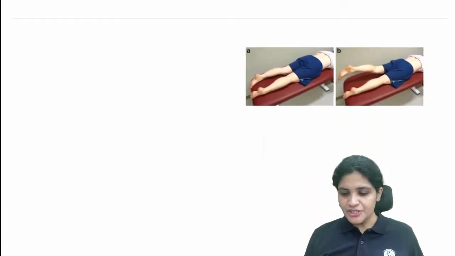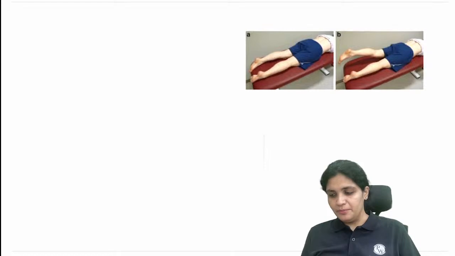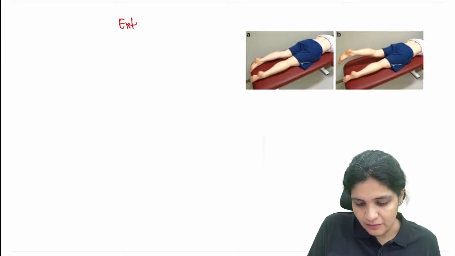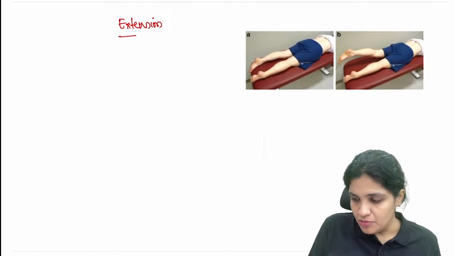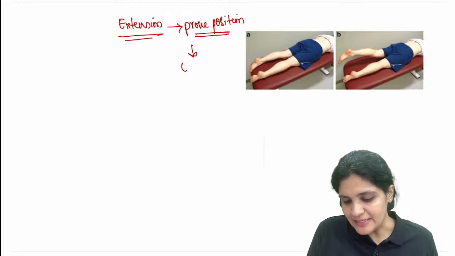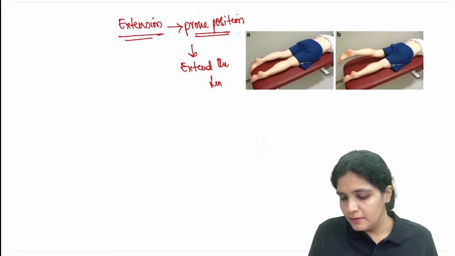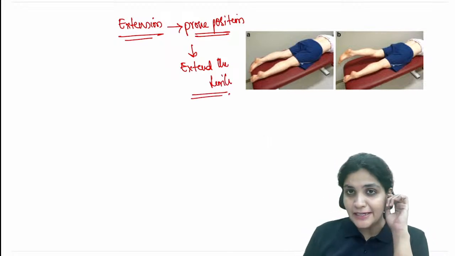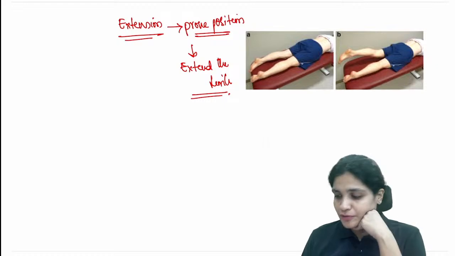So that is about the flexion and flexion deformity. Then this is how you examine the extension. Usually this is done in the prone position. So the patient is turned into the prone position and then you try to extend the limb. So hip extension is usually less, up to 15 degrees.